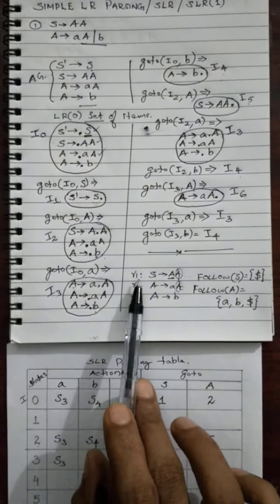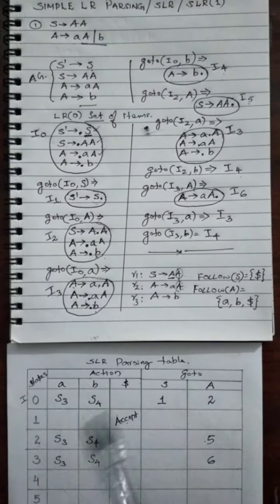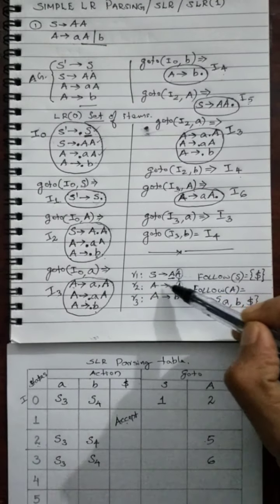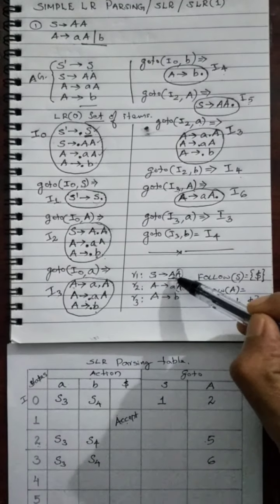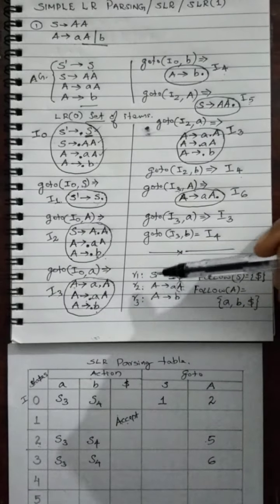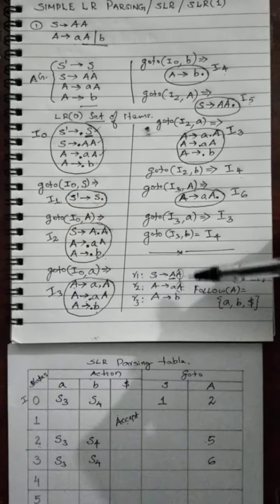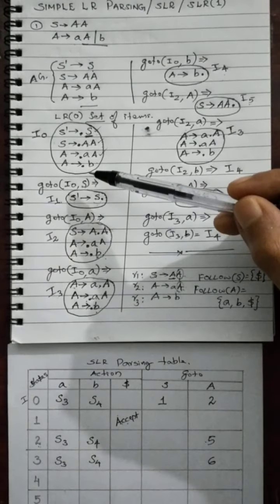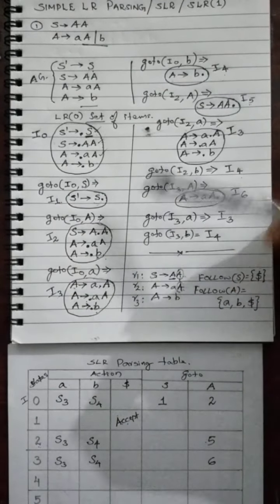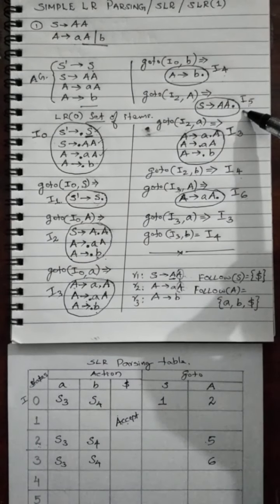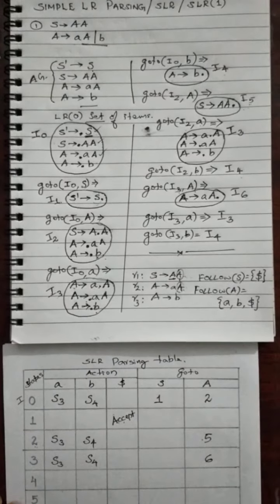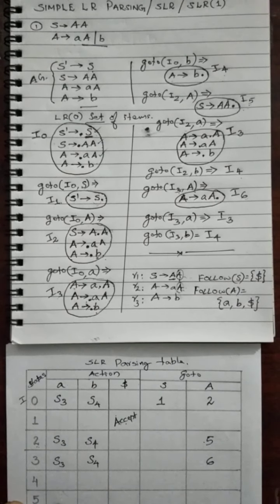Now where to place R1 in this particular table? In order to do that, you have to find when this production is encountered, that is S producing A dot. In which state do you get S producing A dot? It's in I5, right? So I have to mark R1 in I5.